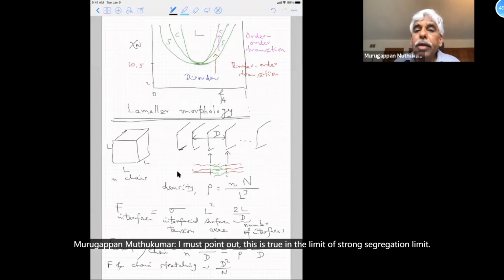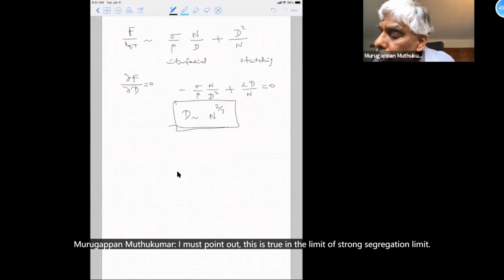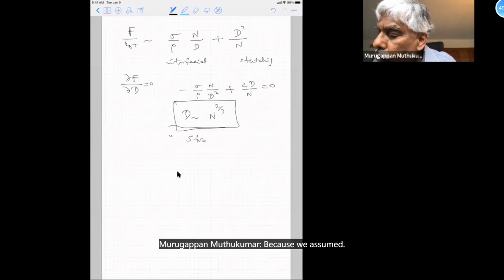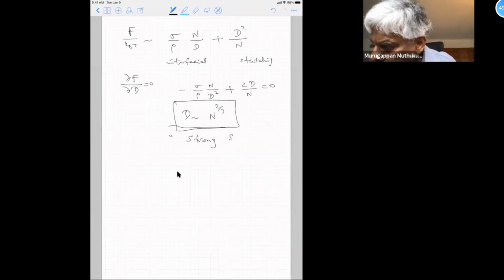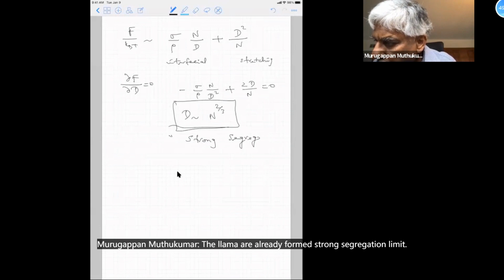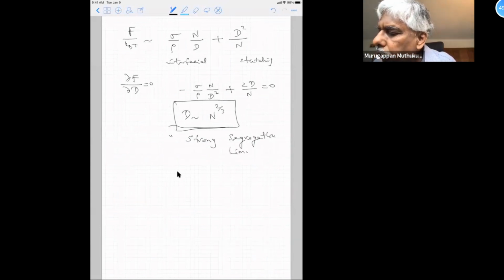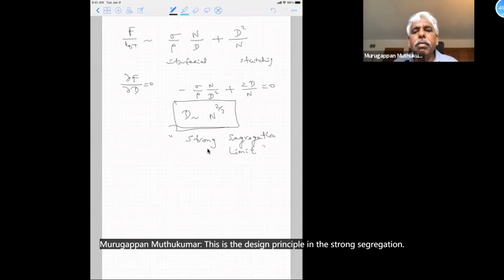I must point out, this is true in the limit of strong segregation, because we assumed the lamellae are already formed. This is the design principle in the strong segregation limit.